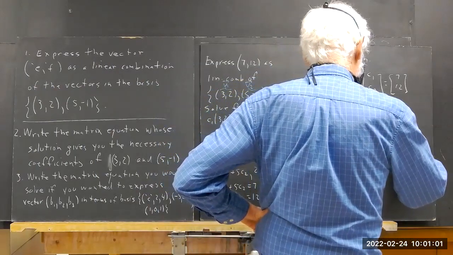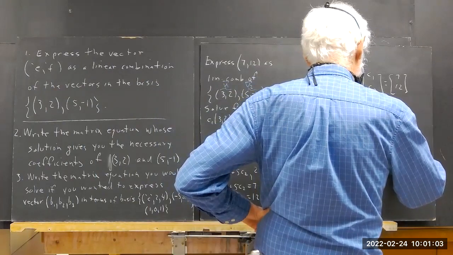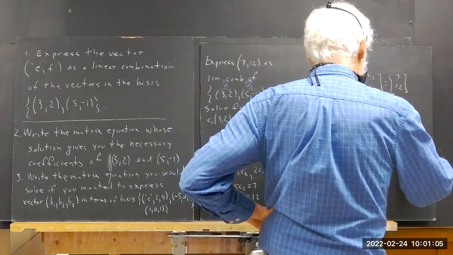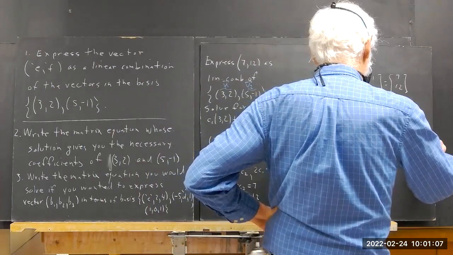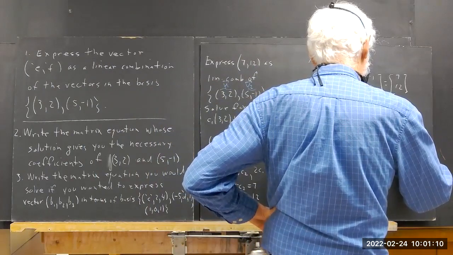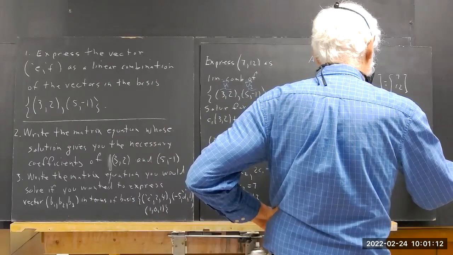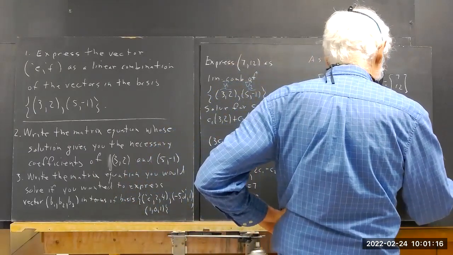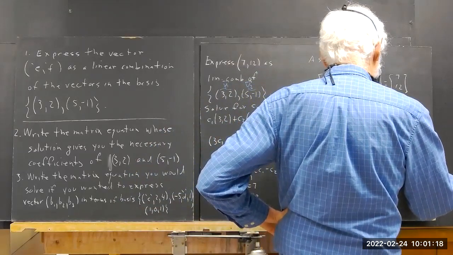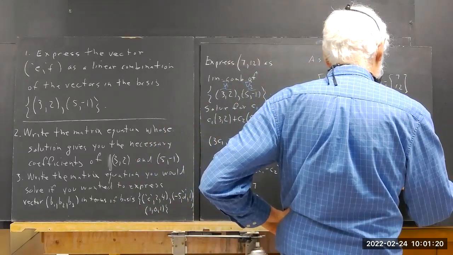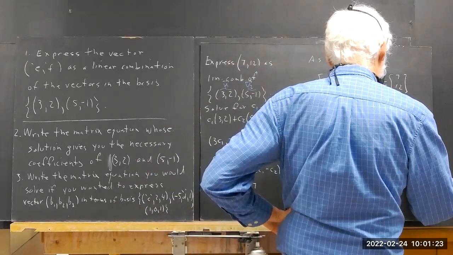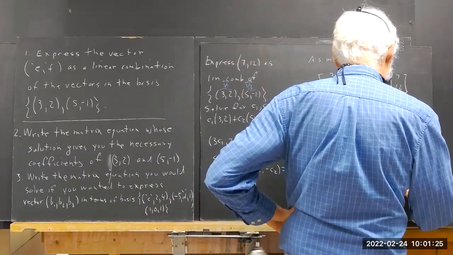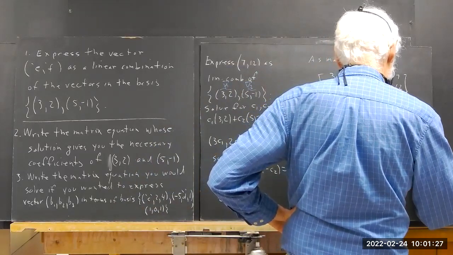Okay, so this is 7, 12. And it's a vector relative to the standard basis.